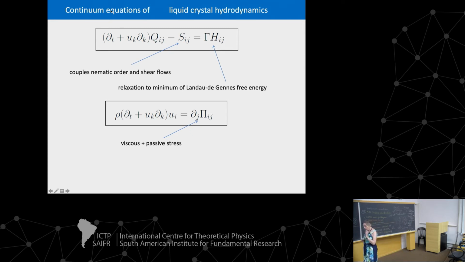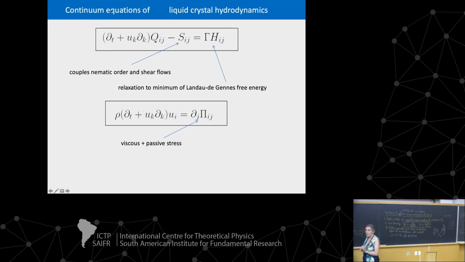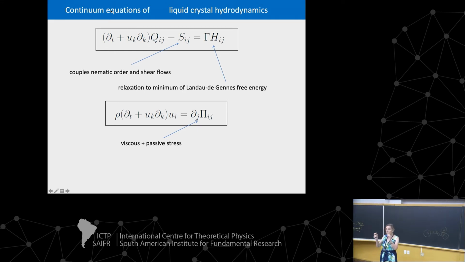If now I add active particles, swimmers, to my fluid, what's going to happen is that they themselves are going to create flow fields, and I have to add in the effect of that. And it turns out to be very easy to add in the effect of those flow fields.